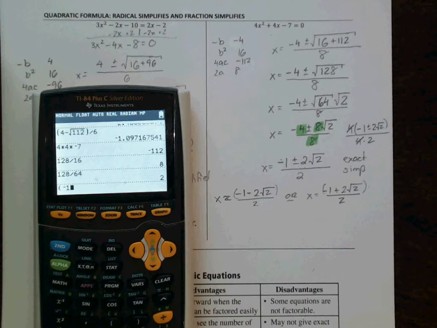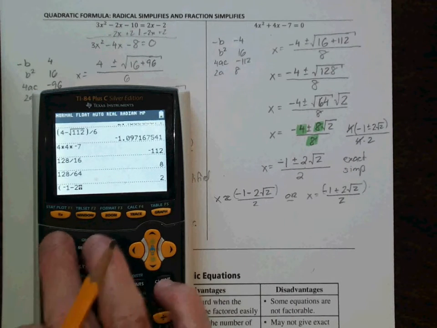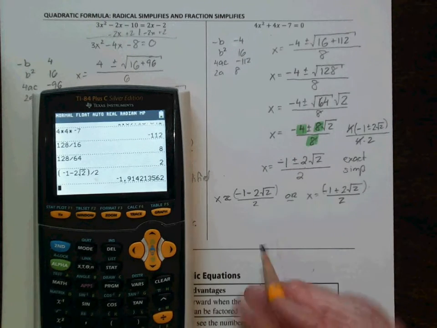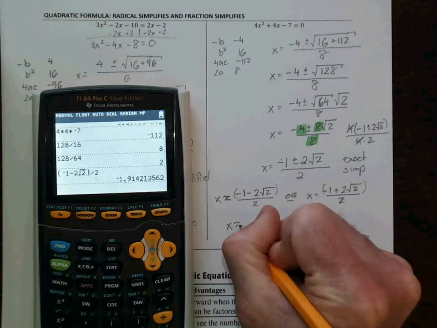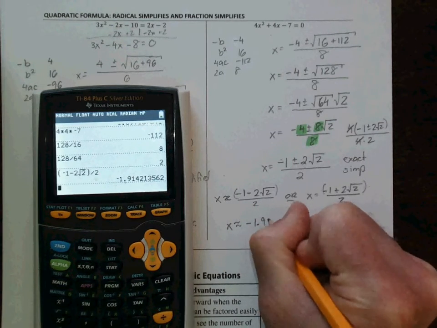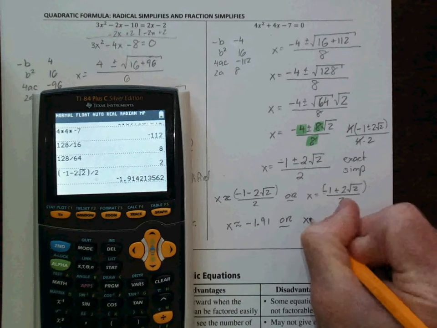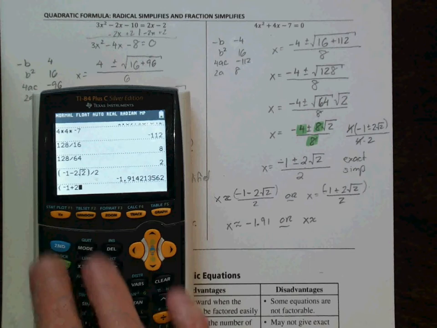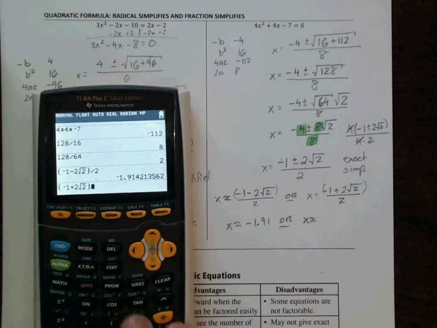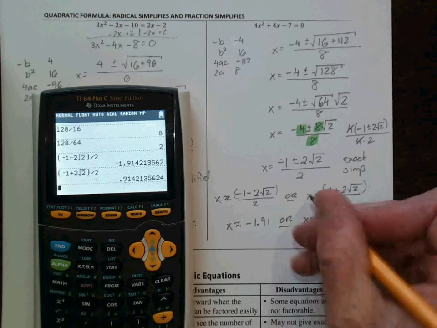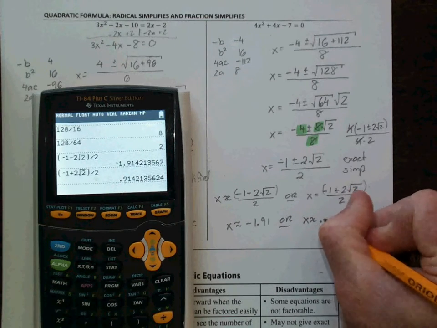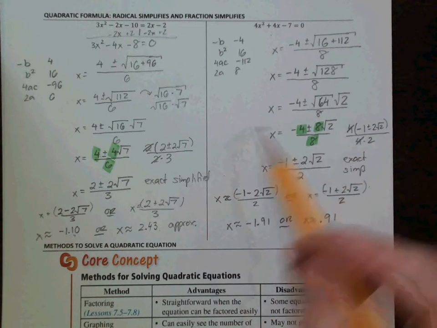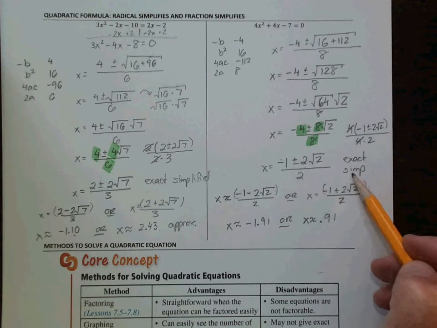Negative 1, remember this is the negative button, minus 2 square root of 2 divided by 2 is x is approximately negative 1.91, or x is approximately negative 1 plus 2 square root of 2 divided by 2, 0.91. So this is also doing the exact simplified form.